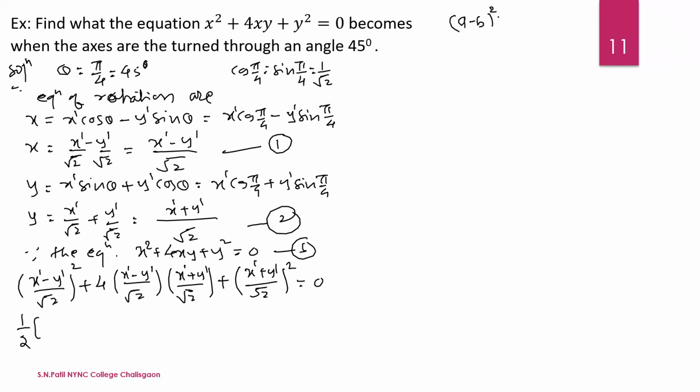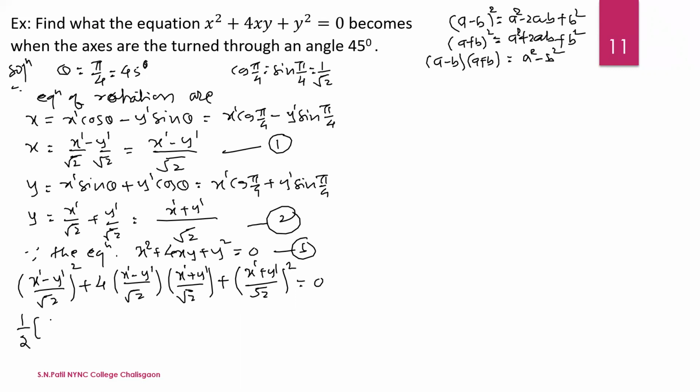Now the remaining numerator is a minus b bracket square, and we know a minus b bracket square is a square minus twice ab plus b square. The last term is a plus b bracket square, which is a square plus twice ab plus b square, and the middle term a minus b times a plus b is a square minus b square.